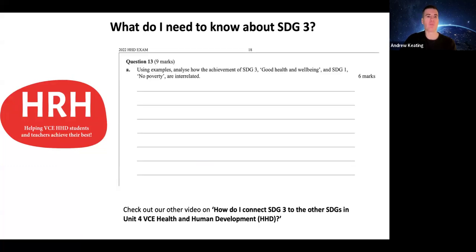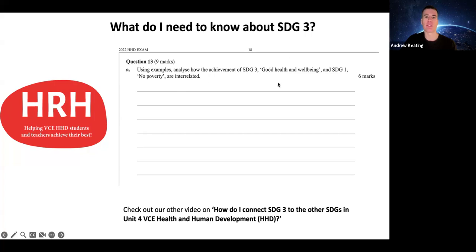That will also help you when you come across a question like this, because as I said before, when a question refers to any of the SDGs, including SDG 3, you're expected to show your depth of knowledge about that SDG by referring to the key features of that particular goal. Here was a question from 2022 worth 6 marks, which asks you to use examples to analyze how the achievement of SDG 3, good health and well-being, so there's that short name I was talking about, and SDG 1, no poverty, are interrelated.